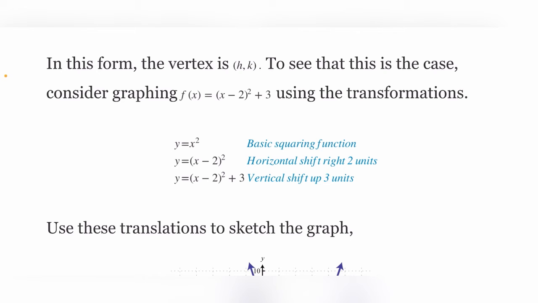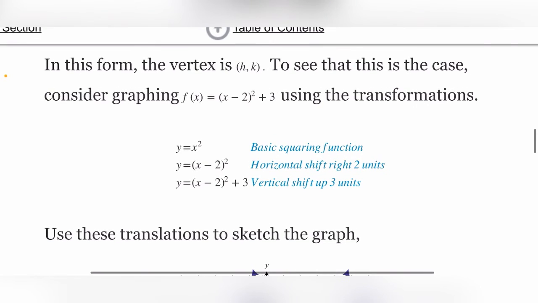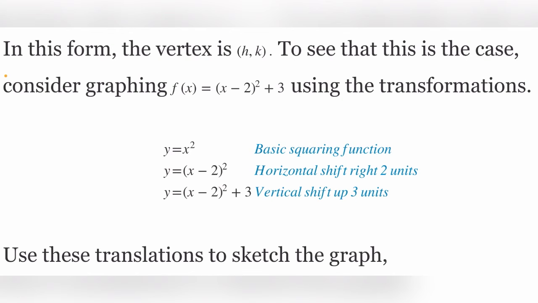Here y equals x squared is the basic squaring function, and the squared bracket tells us it is a quadratic function. x minus 2, the square of a difference, means a horizontal shift. It shifts right 2 units.